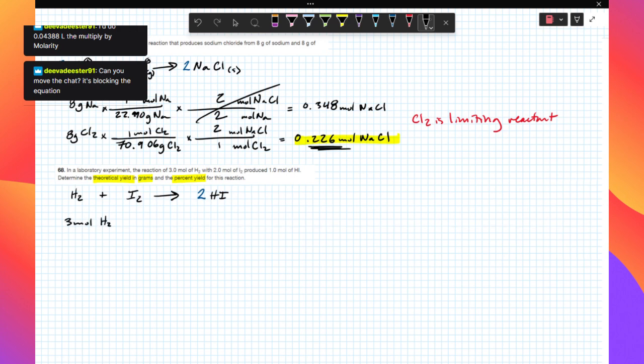We're given 3 moles of hydrogen. Monatomic hydrogen would be 1.01, so 2.02 grams per mole of hydrogen, times 3 gives us 6.06 grams of hydrogen.